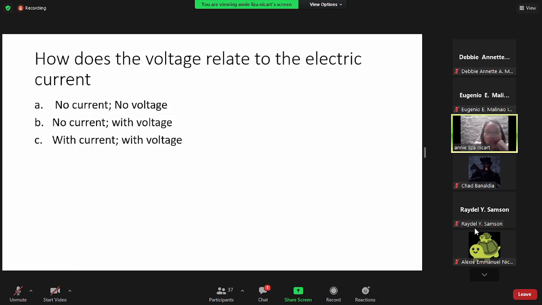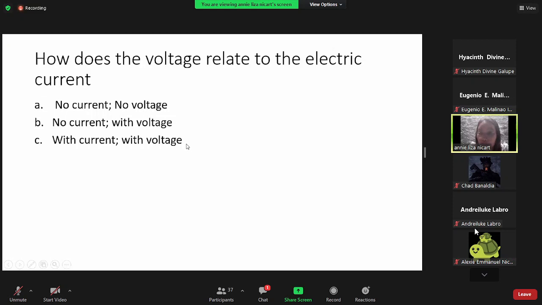Letter C. With current, with voltage. Possible? Yes, of course. Kapag hindi brown out ha.